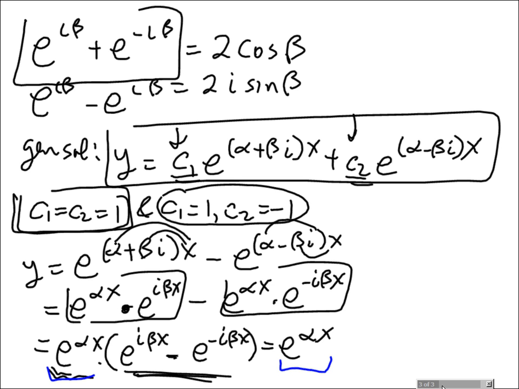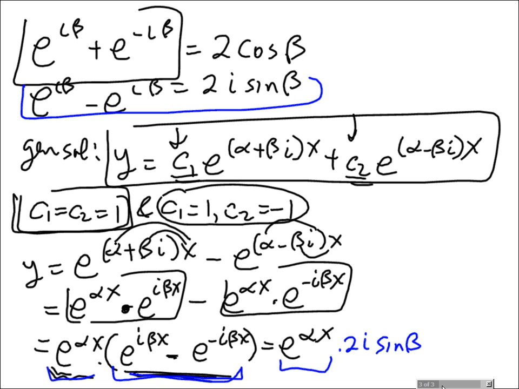That's this times this. But this is on top. It's 2i sine bx. Maybe here I should just have x's.